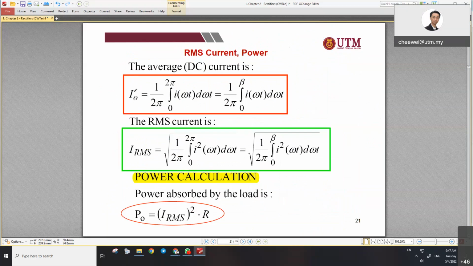If you need to calculate the I out, anyone? The concern here is how to press the calculator by inserting the long equation and the integration.